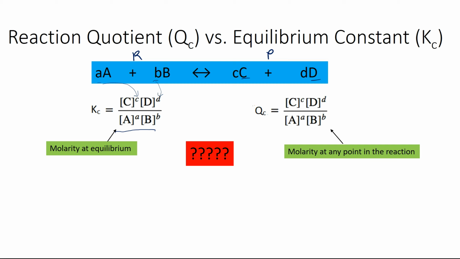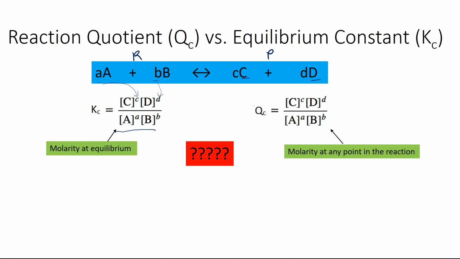Let's say, for example, that I have a long reaction that takes several minutes or several hours to occur, and I measure the molarity before equilibrium has been achieved. I should be able to get a quotient and relate that quotient to equilibrium. Or if I want to know whether equilibrium has been achieved, I can use that quotient and compare it to my equilibrium constant to decide, I need more product to be formed before our reaction has reached equilibrium.